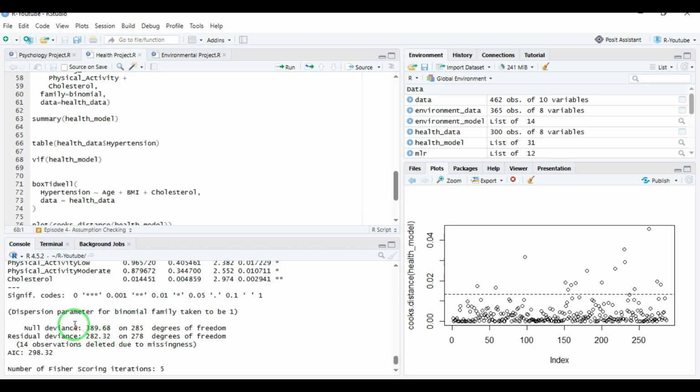Moving on, we have an AIC of 298.32. But remember, we don't look at an AIC value and say, okay, AIC equals 298, so the model is good. No, that's not how it works. AIC is primarily useful for comparing competing models when they are fitted to the same data.